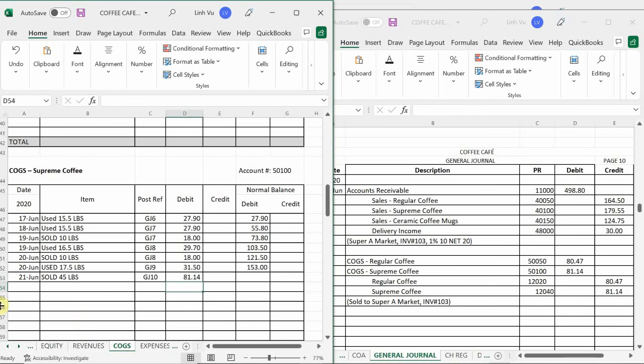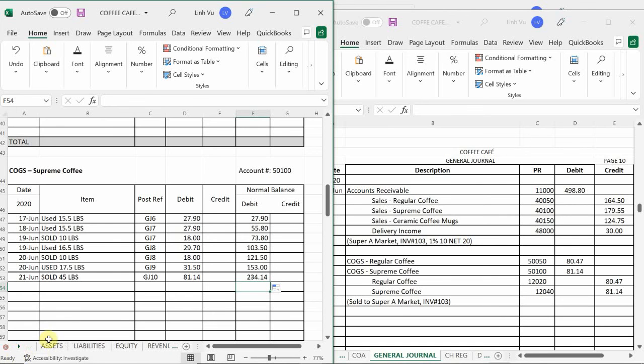So what's my total cost of goods sold here? 2, 3, 4, 14. Good. Okay.